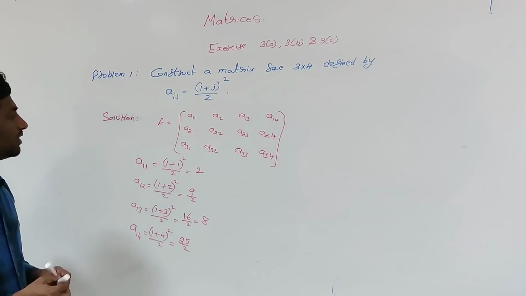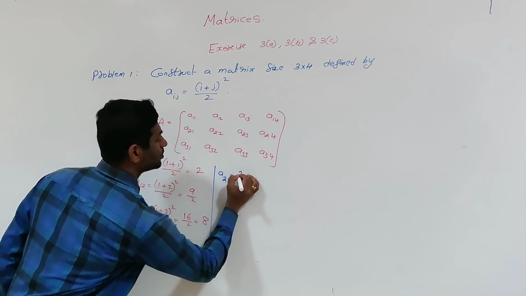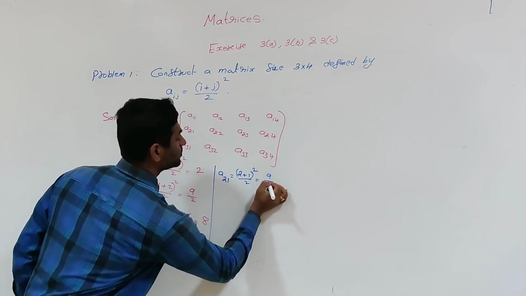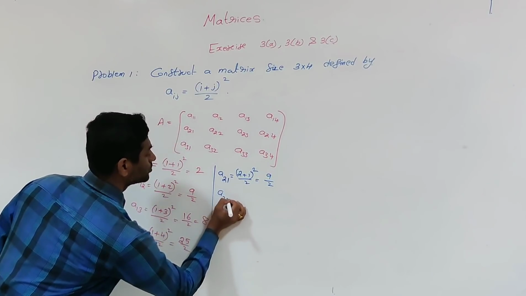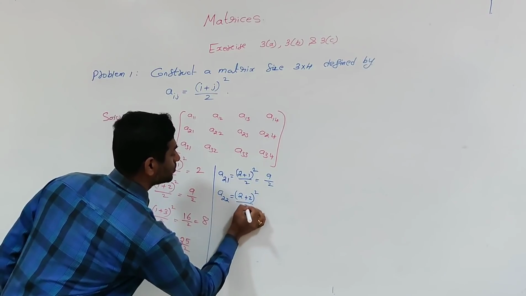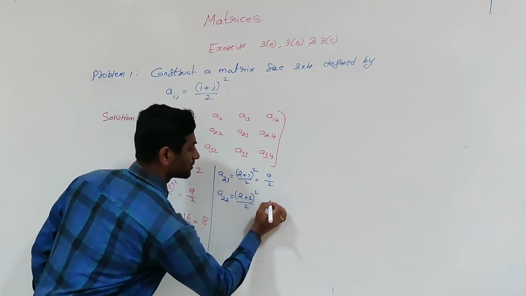Now we will see the second row elements. A21 is (2 plus 1) whole square by 2, which is 9 by 2. A22 is (2 plus 2) whole square by 2, 2 plus 2 is 4, square 16 by 2 is 8.